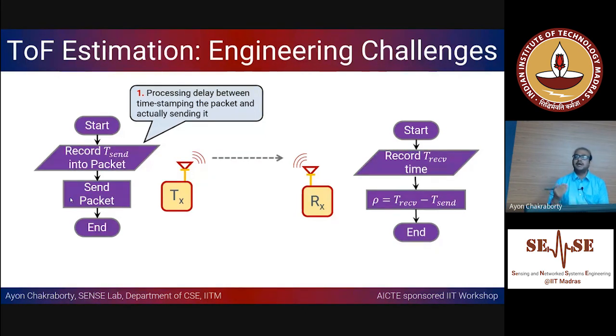We are not talking about microseconds, we are talking about nanoseconds. Okay, so the processing delay between the time stamping the packet and actually sending it could be quite large, and this can make the recorded value of time very imprecise. Okay, so when the packet or the signal actually left the radio and went into the air, when you start transmitting, the time that we require might be wrong.